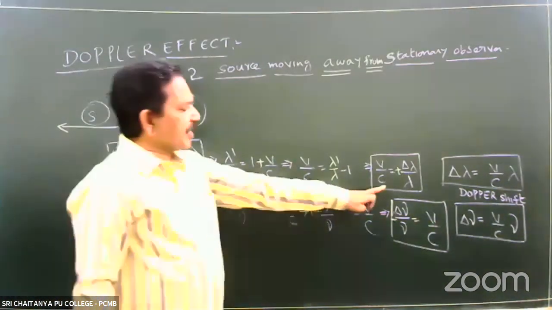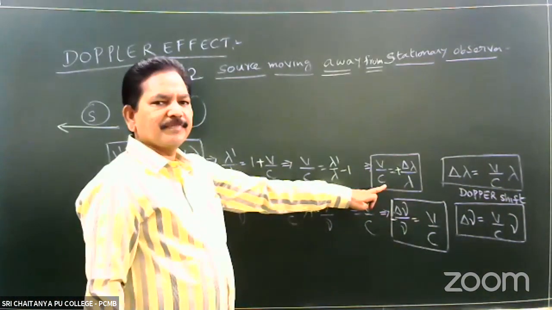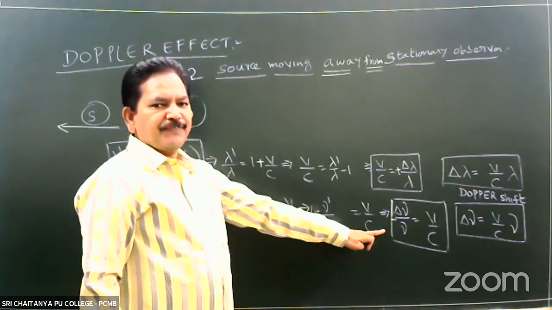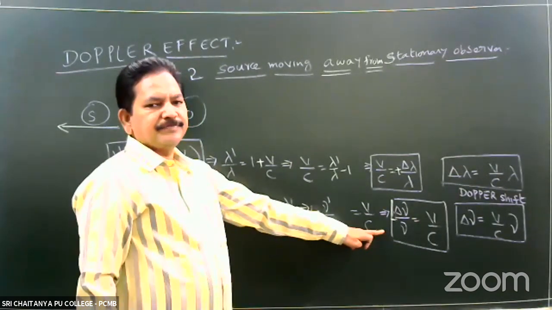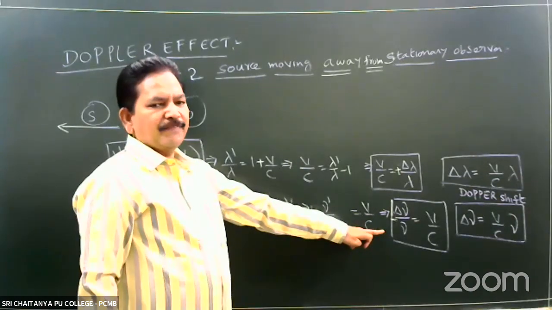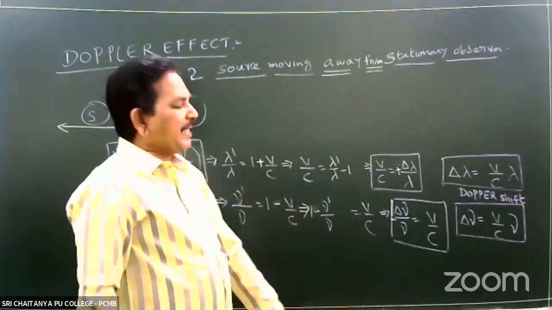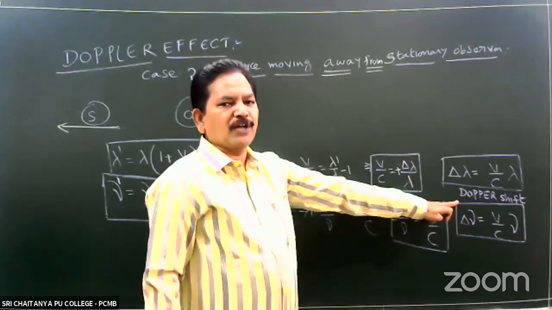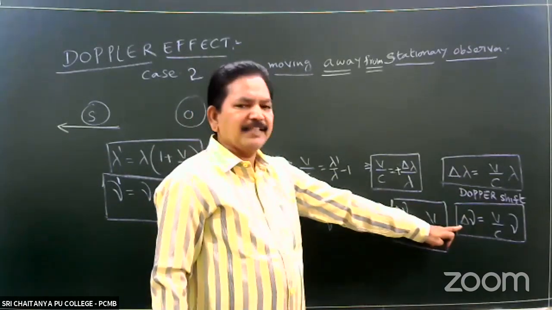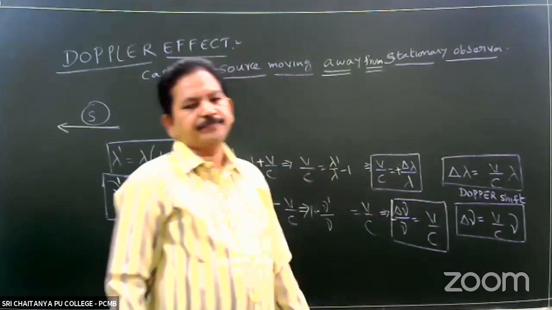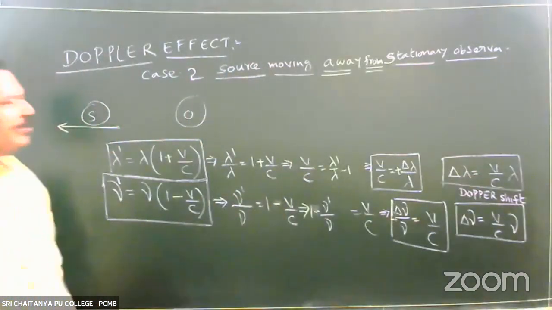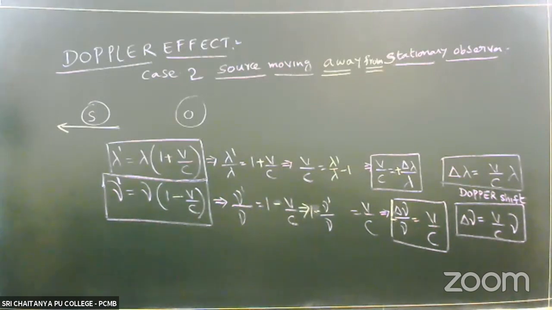Calculate the fractional change in wavelength. Fractional change in frequency is equal to just V by C, velocity of source per velocity of light. We can calculate the Doppler shift also. That is, delta nu is equal to V by C into nu. This is case 2.